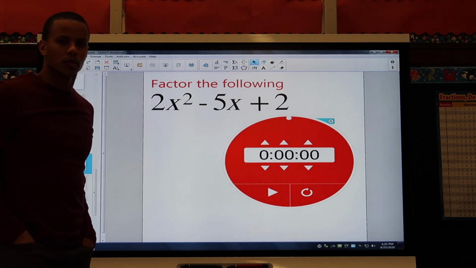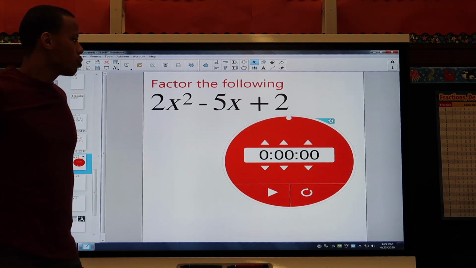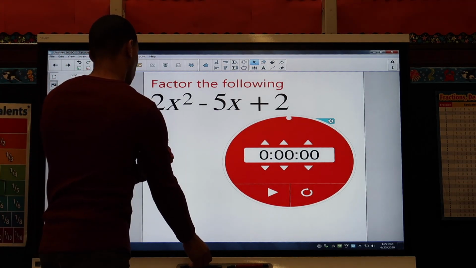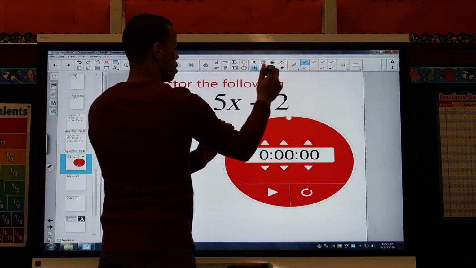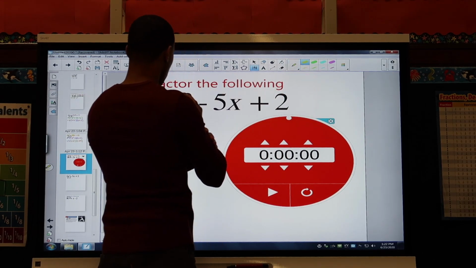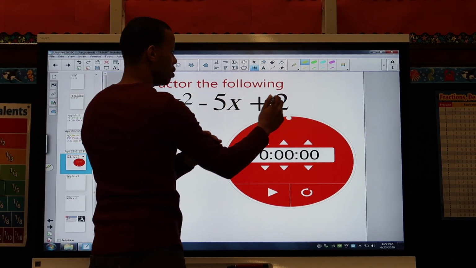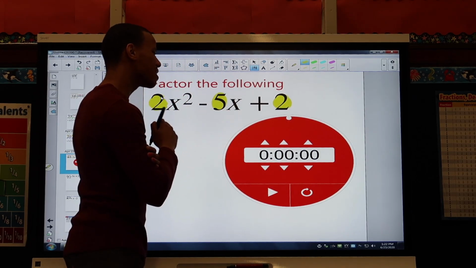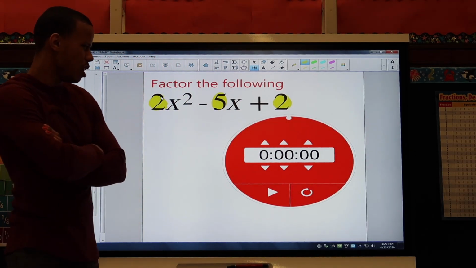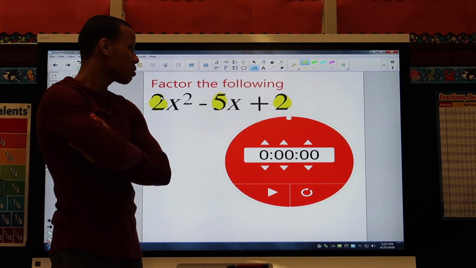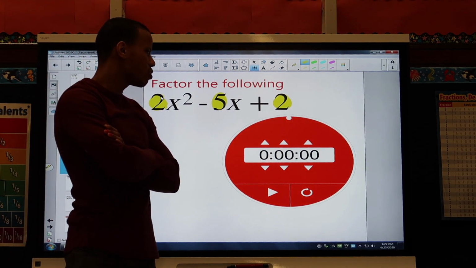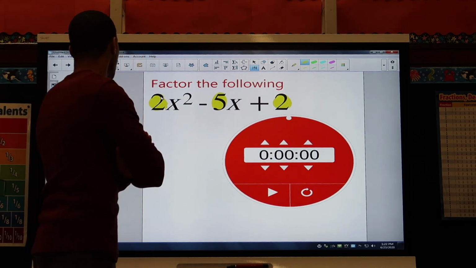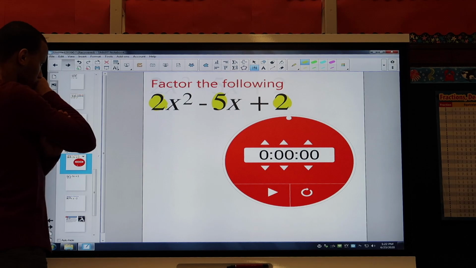All right, so this one's a little tricky because you have a 2, but then 5 or negative 5 is not divisible by 2. So that kind of creates a problem. You can't just factor it straight up. It doesn't work. So I'm going to show you a new method, right?